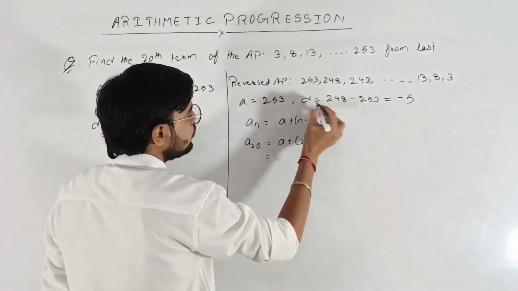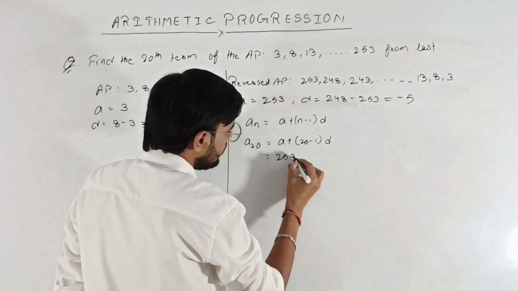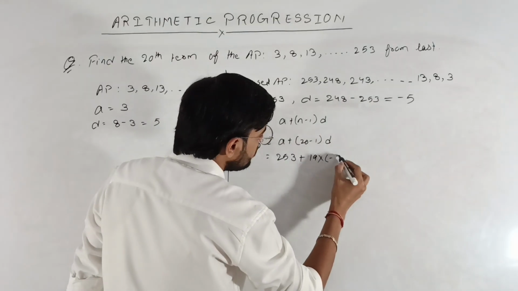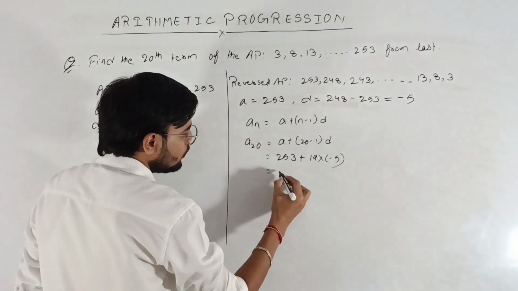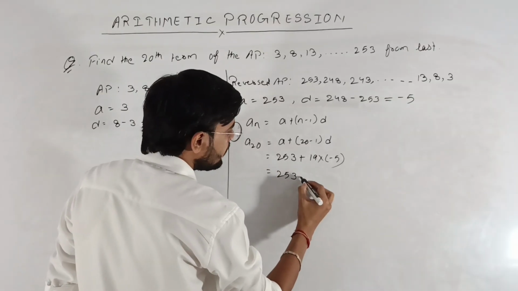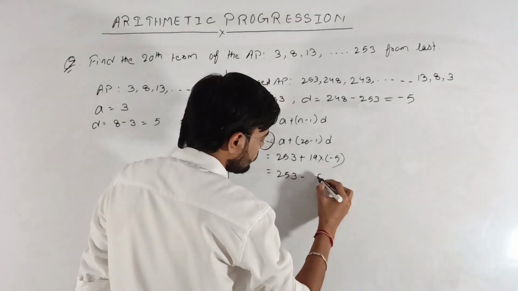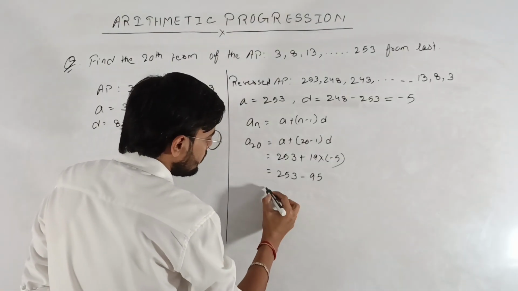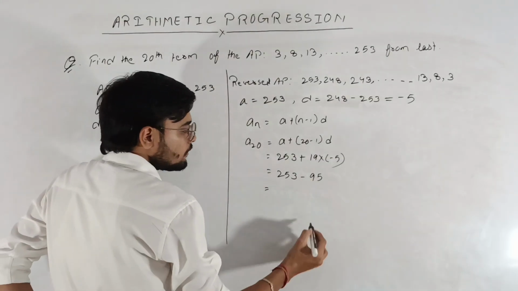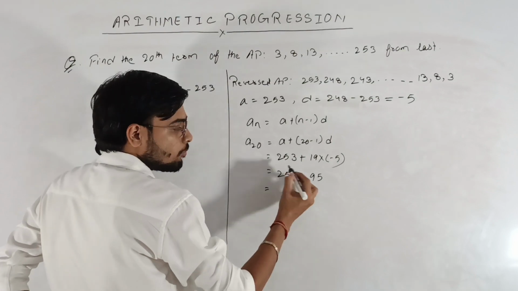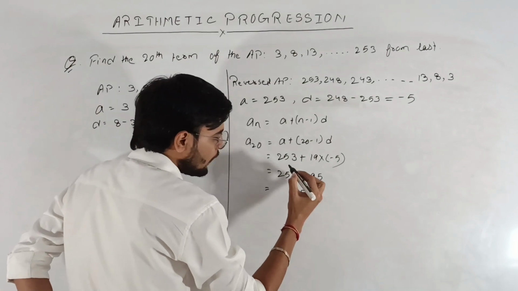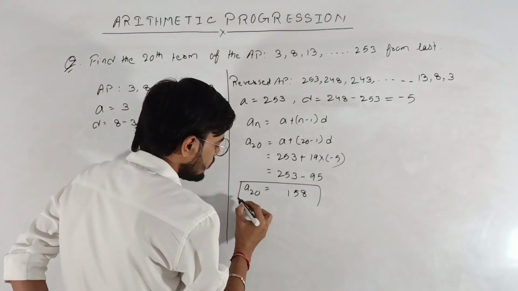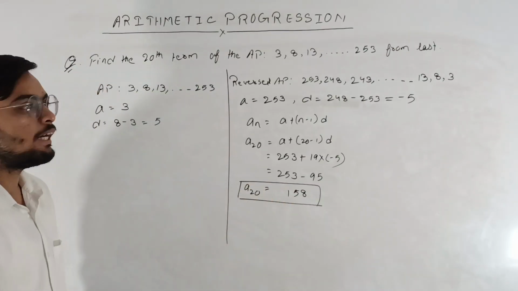Now a is 253, 20 minus 1 means 19, and d is minus 5. So 253 minus 95. Now subtract: 13 minus 5 is 8, 14 minus 9 is 5, and this is 158. So the 20th term from last of this AP is 158.